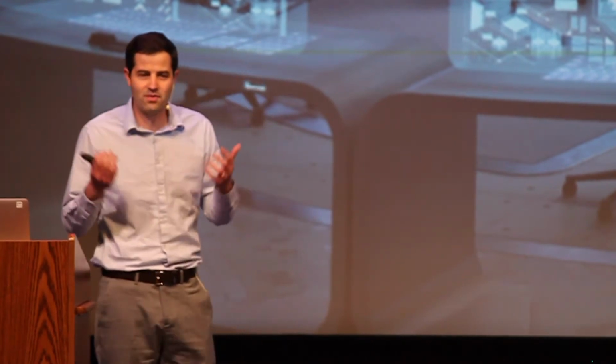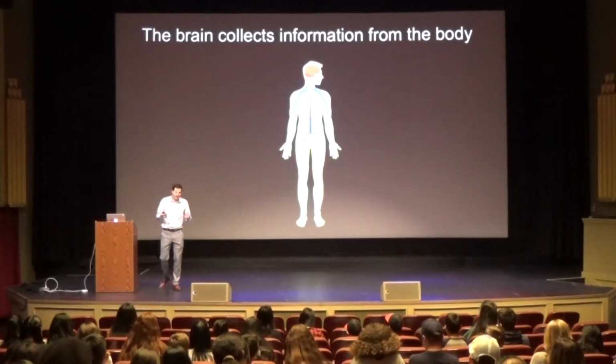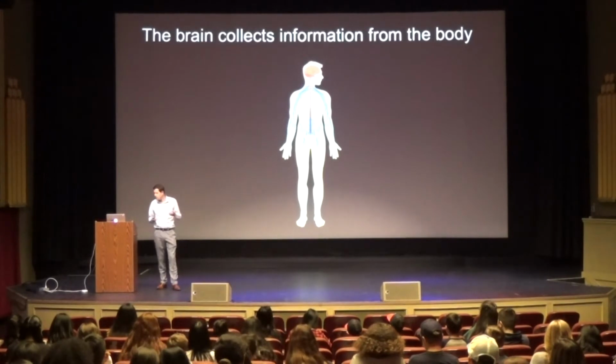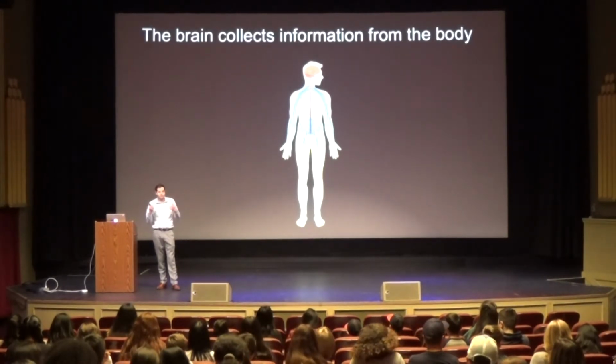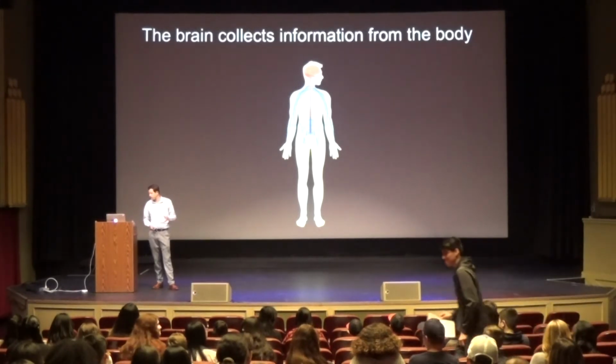And it's the same kind of thing inside your body. The brain collects information through the peripheral nervous system, which is depicted with the blue lines in this figure, from almost every point on your body. That information is transmitted to the brain through the spinal cord, and then the brain decides what to do on the basis of that information, and then sends signals back.